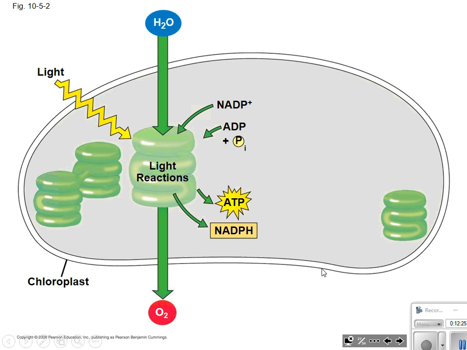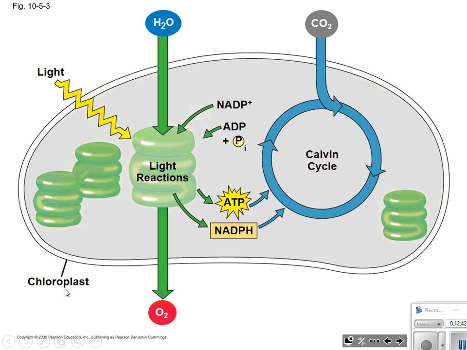Now, this whole thing is what? This whole big thing around here, what is that called? It's a chloroplast. Okay, it's the chloroplast. You can see down here that this whole thing is the chloroplast. Now, the dark reaction part, which we call the Calvin cycle, it occurs in the stroma, right?